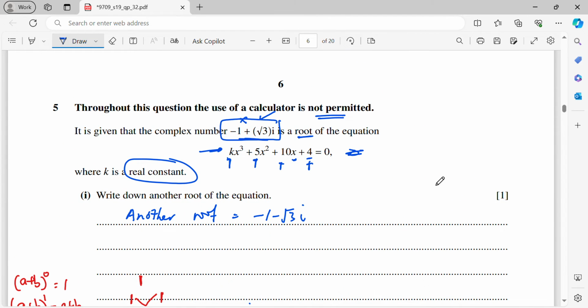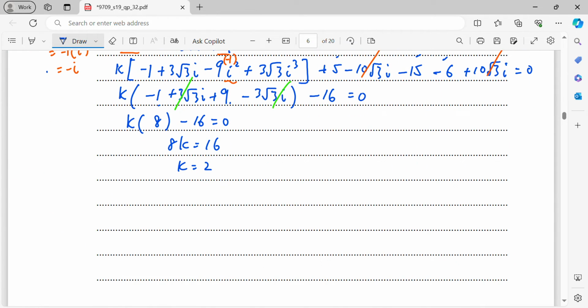You rewrite this and then we can find the factors. So from here I will say 2x³ + 5x² + 10x + 4 equals to 0. And just now we are given 2 factors. Okay, so given 2 roots, I would say.